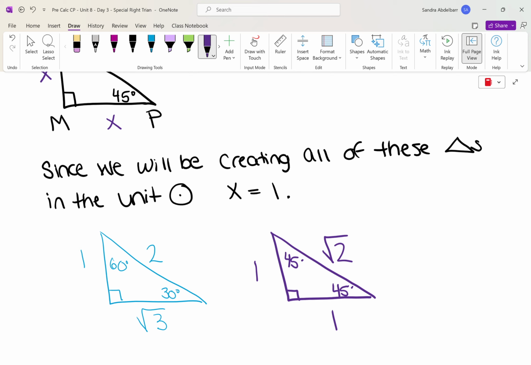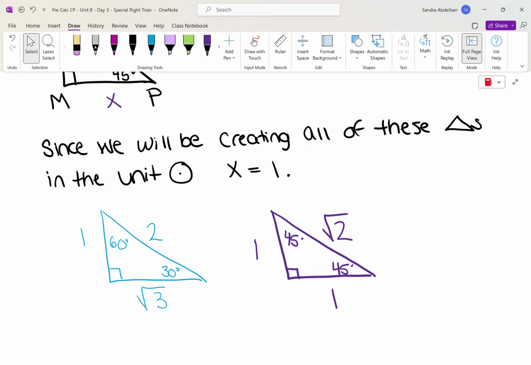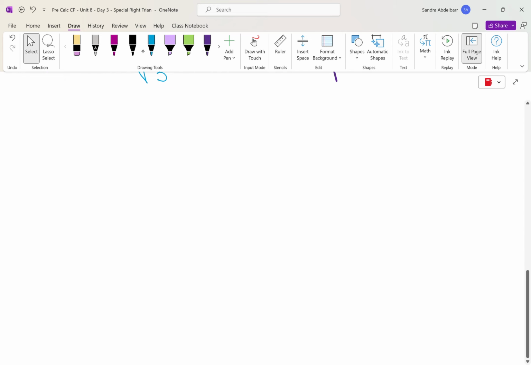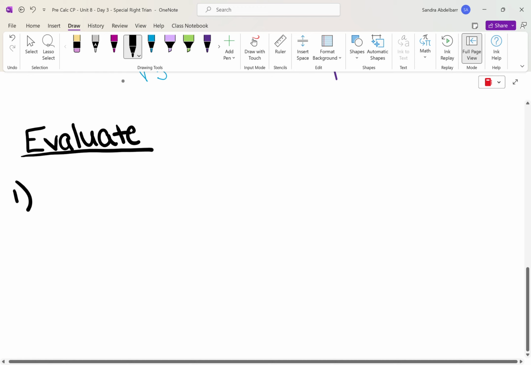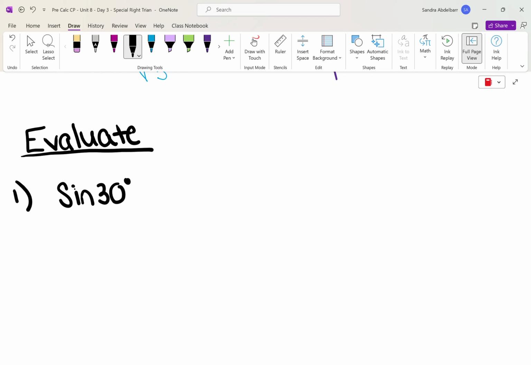Okay, so let's see how we're going to work this into trig. Is everybody done copying? My directions for this next part will be to evaluate. The first one I'm going to have is the sine of 30 degrees.